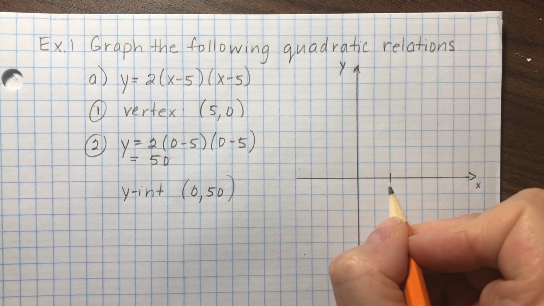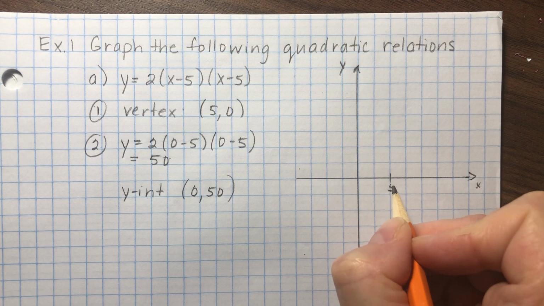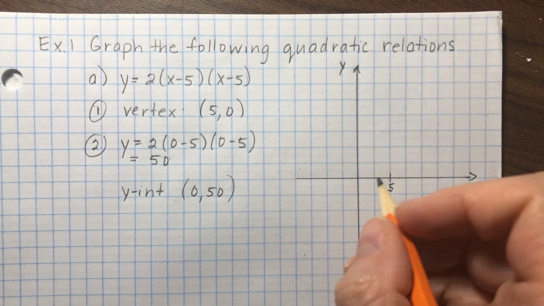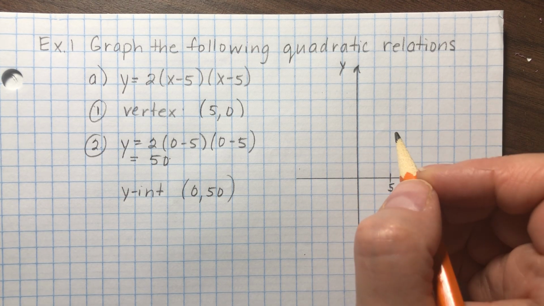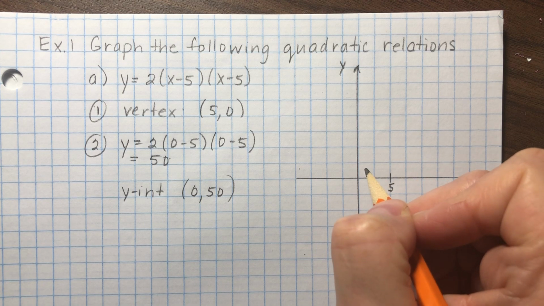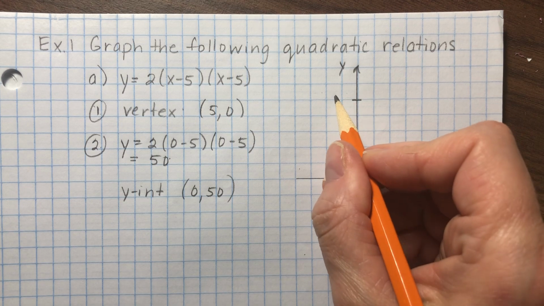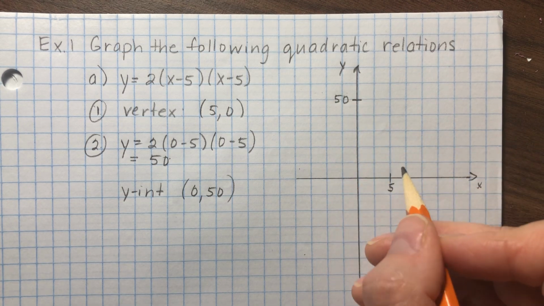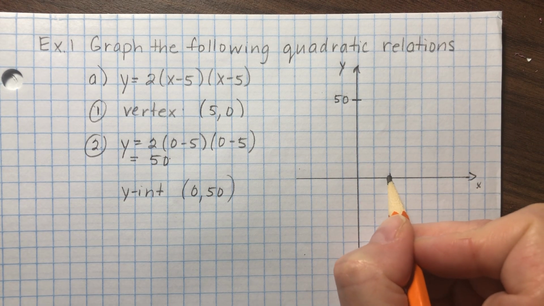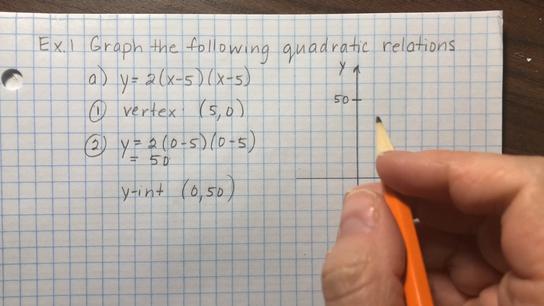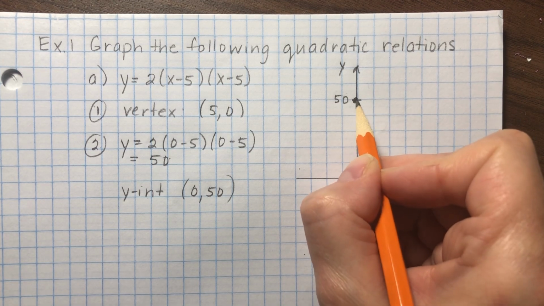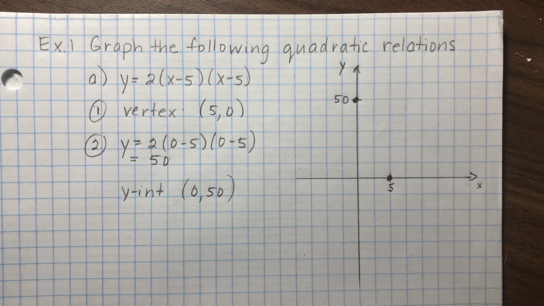I'm scaling the x-axis by 2.5 units, but you can scale it by whatever you want. And I'm going to scale the y-axis by 10 units. And now I'm going to plot my vertex, which is also my x-intercept or 0. I'm going to plot the y-intercept over here, and I have 2 points that will be on this parabola.